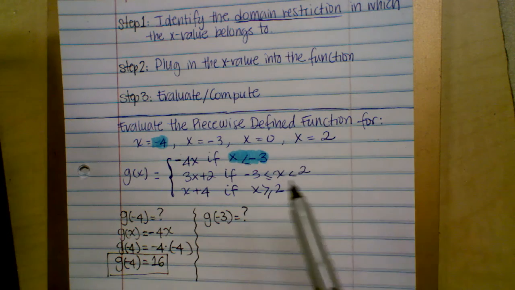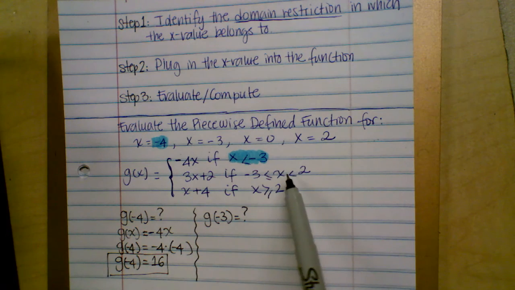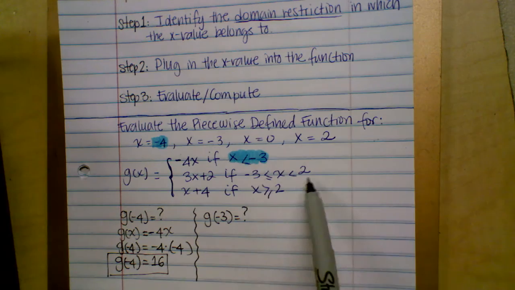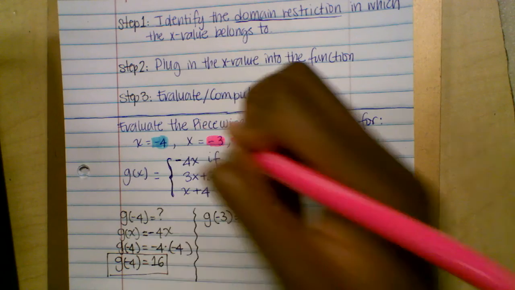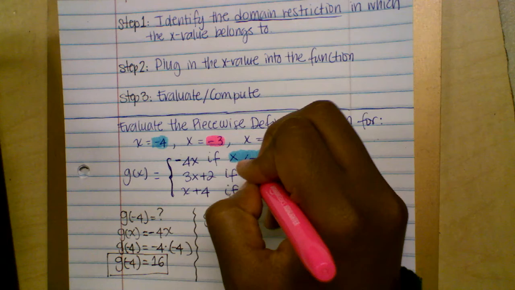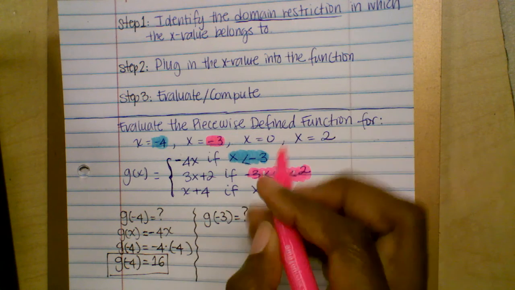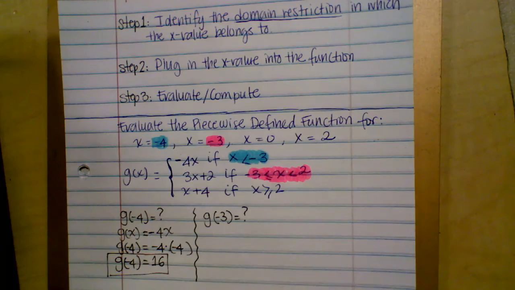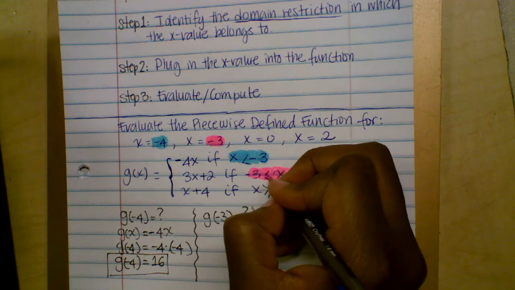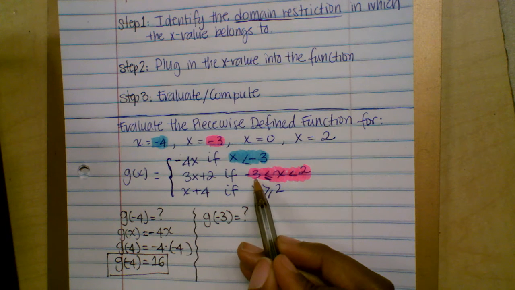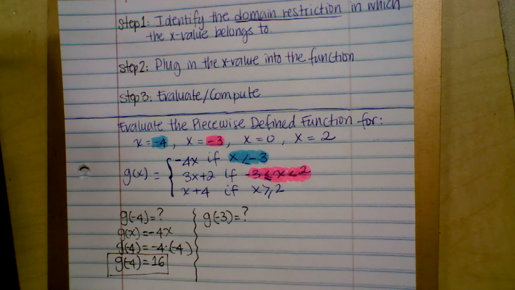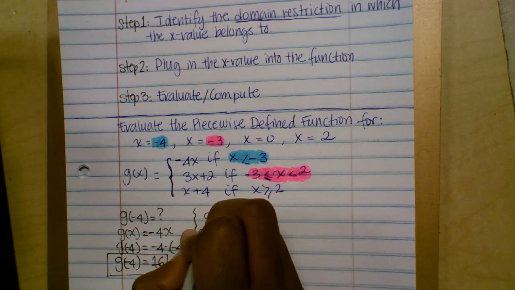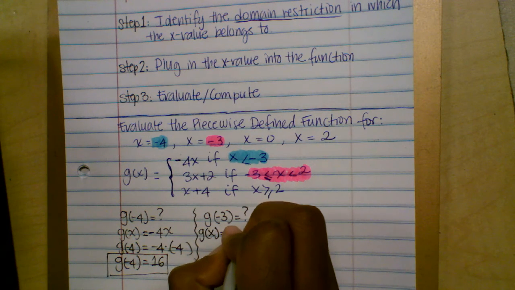So the only domain restriction where -3 can live is right here. So -3 belongs to this domain restriction. Why? Because you have a line under the inequality. So -3 is less than or equal to itself, -3. So that's why I'm going to use the function g of x equals 3x plus 2.